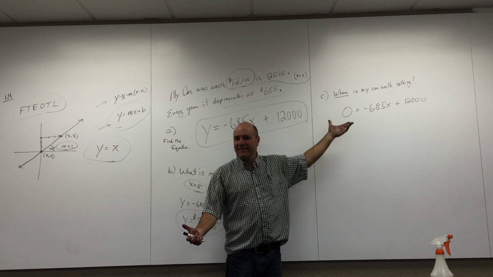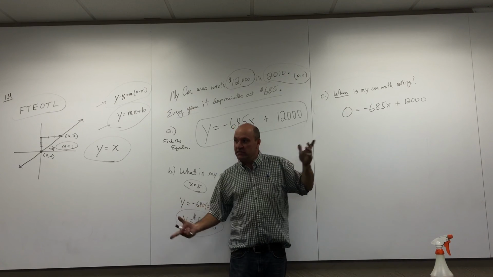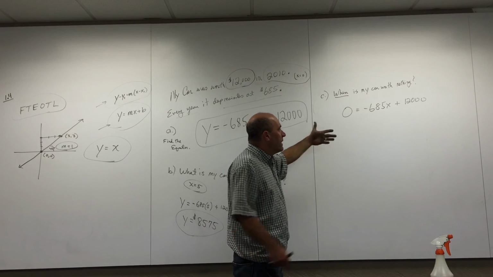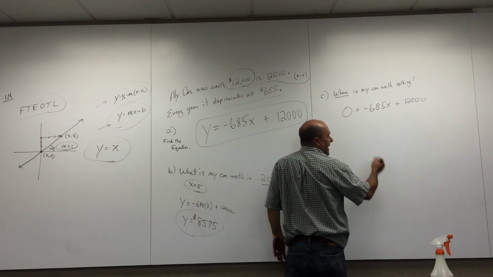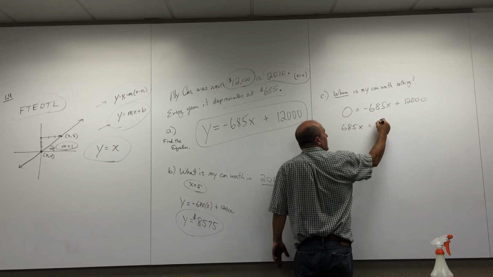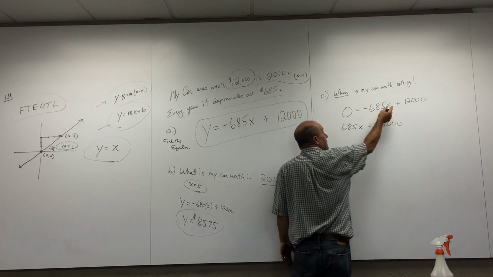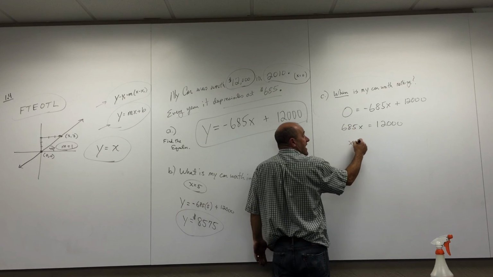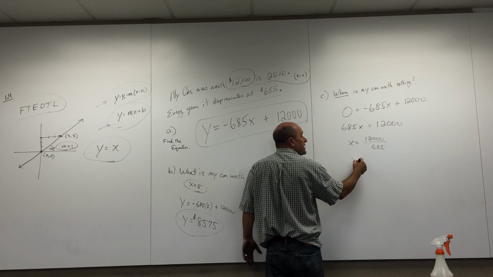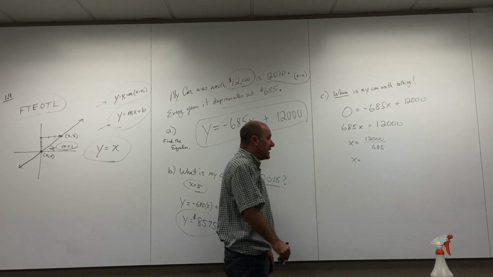It's not that much easier, but it's subtly different. Now I got to solve for it. Got to do a little algebra. It's easy algebra. Move the 685x over. It equals 12,000. I divide by 685. So 12,000 divided by 685 is the answer. It's a bunch of years. 18 years?